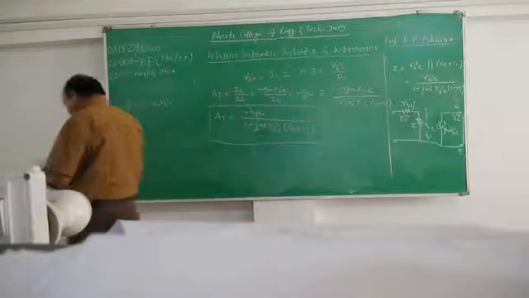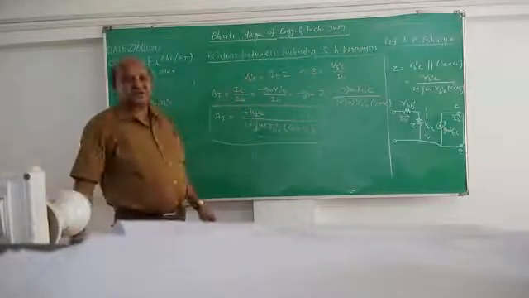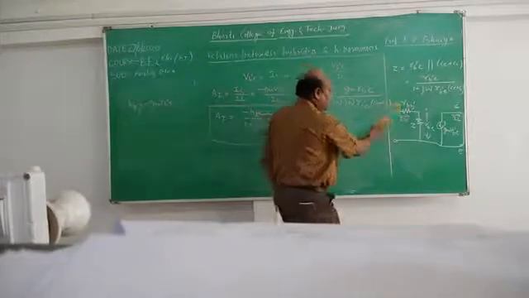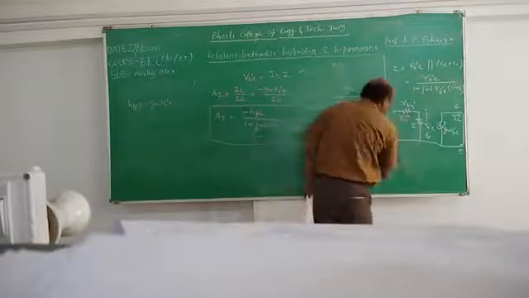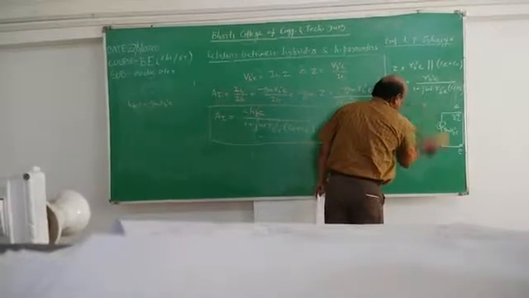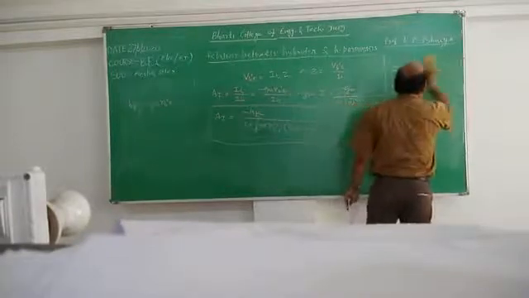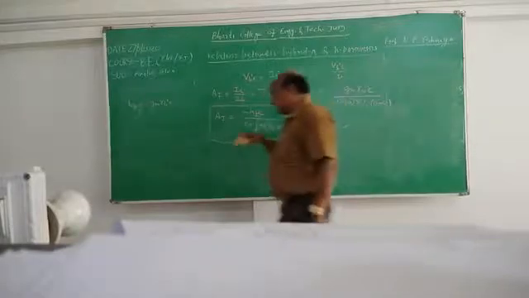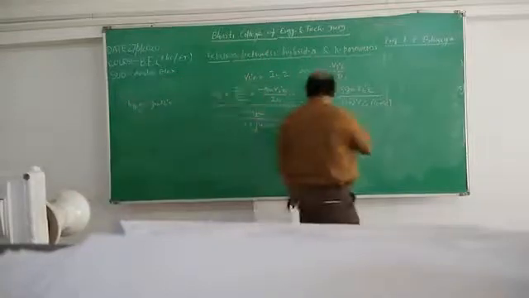Now once you have got this gain, how will you see the characteristics? Shall I remove this side? We have got the short circuit current gain here. Now I will remove this diagram, since we don't have any use for it now. This parallel combination I will remove here, and now I will draw the characteristics from this particular equation.